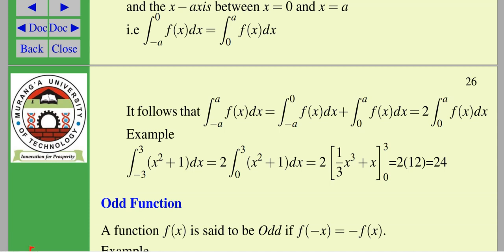We have an example here where we have the integral from minus 3 to 3. Because this function is even, we simply replace the lower limit by 0 and multiply the result by 2.